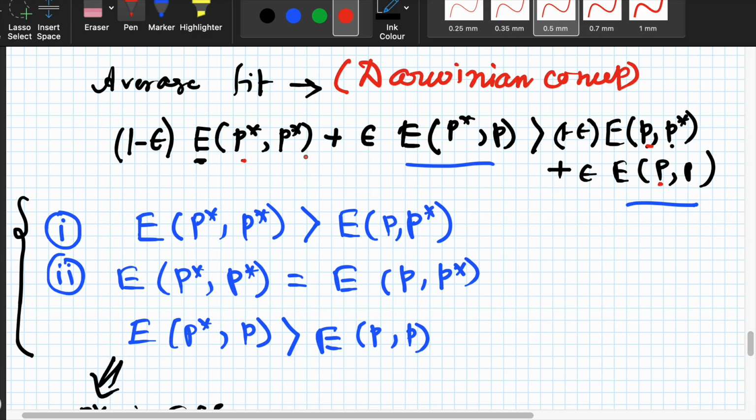We have calculated that this happens only when one of these two conditions is satisfied, and these conditions define the ESS, the evolutionary stable state.